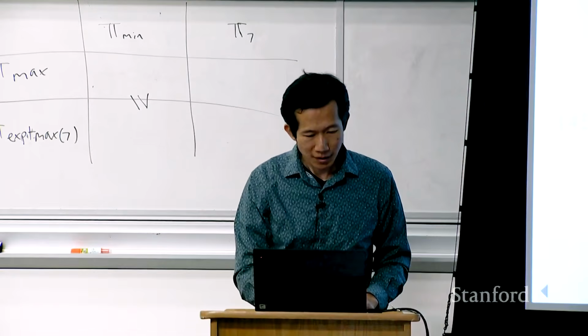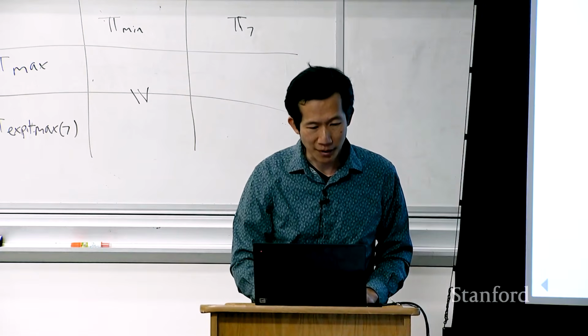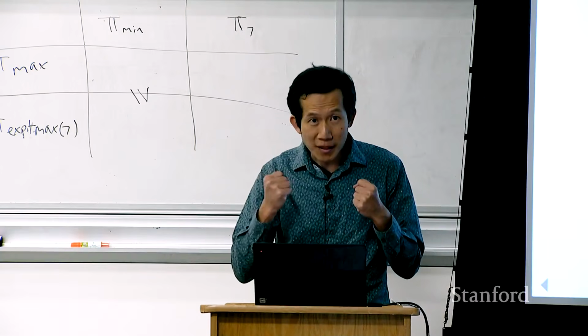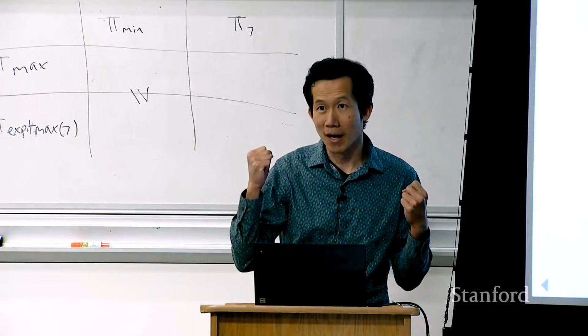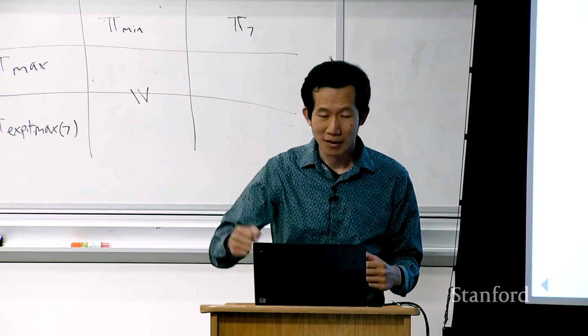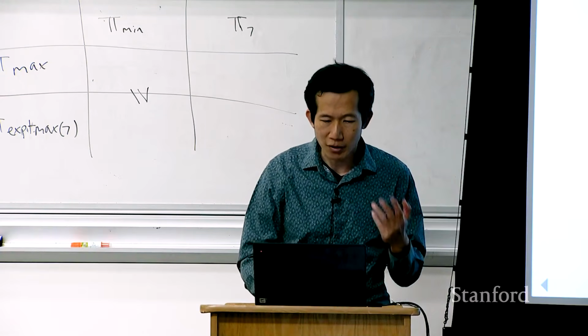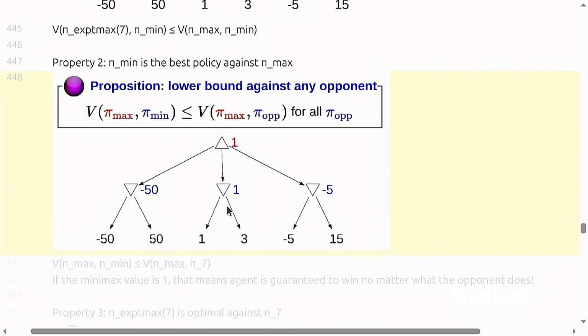Okay, so second property, pi min is the best policy against pi max. Okay, so that means if I'm the opponent, I shouldn't choose anything other than pi min if I want to minimize the utility. Another way to interpret this is that this provides a lower bound against any other opponent, which means that if I'm playing pi max, playing the pi min is going to be the worst I can do.